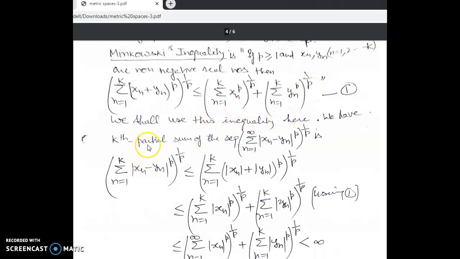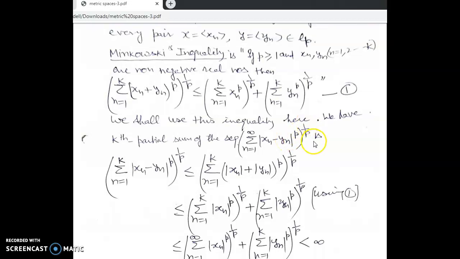Now we take the kth partial sum, meaning the sum of the first k terms of this series. This series is the summation n equal to 1 to infinity of mod of x_n minus y_n to the power p, whole to the power 1 by p.